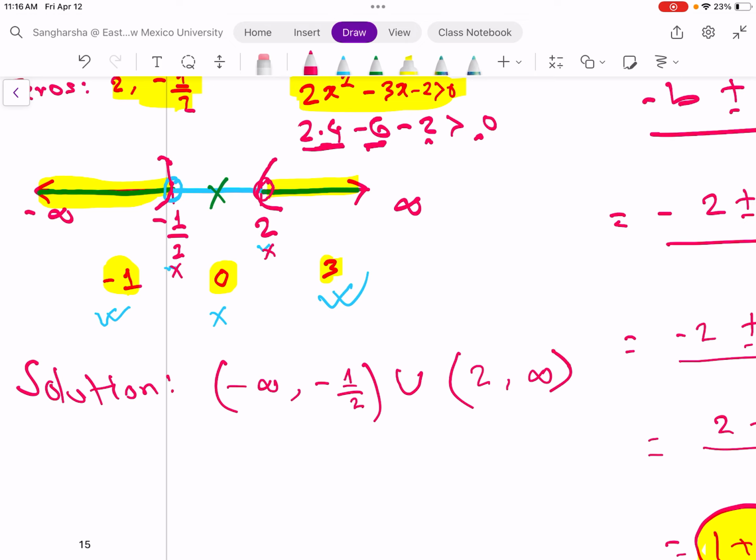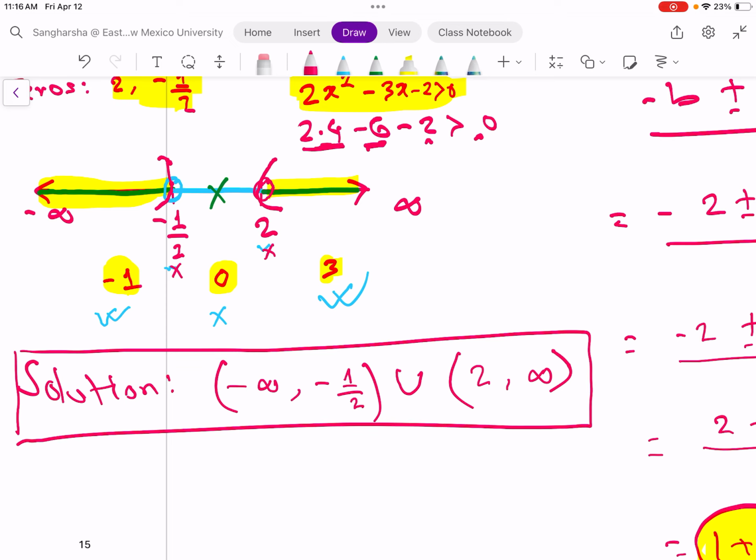And this is our solution for this inequality. So you have to check for the zeros. You have to make sure whether the zeros are the solution or not. That gives you an option to choose parenthesis or a bracket.